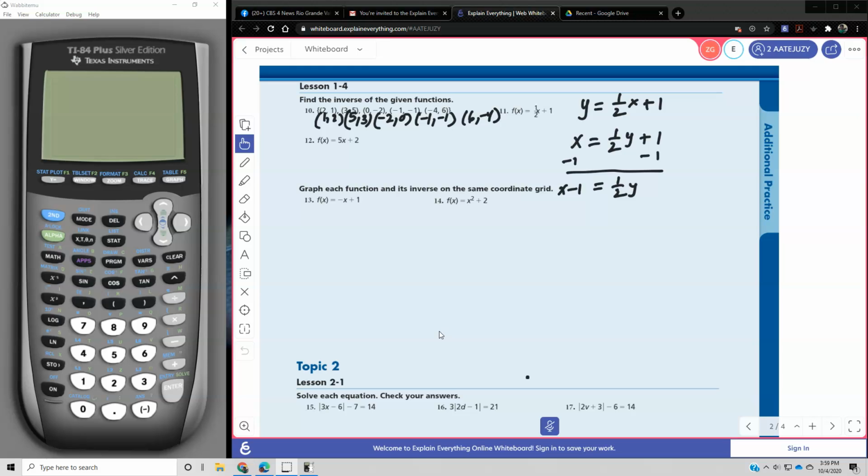And then since you're multiplying by a half, you're going to multiply by the reciprocal, which is 2 over 1. That becomes 1. So you're left with y, and you have 2x minus 2. So the inverse of f is going to be 2x minus 2.